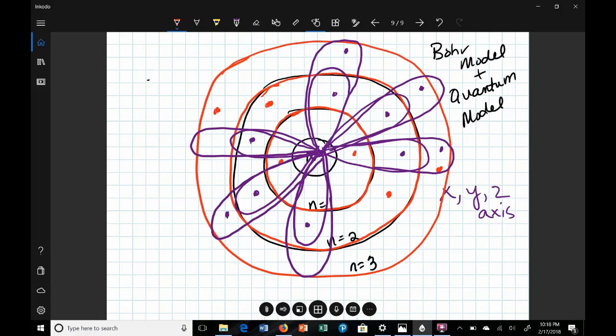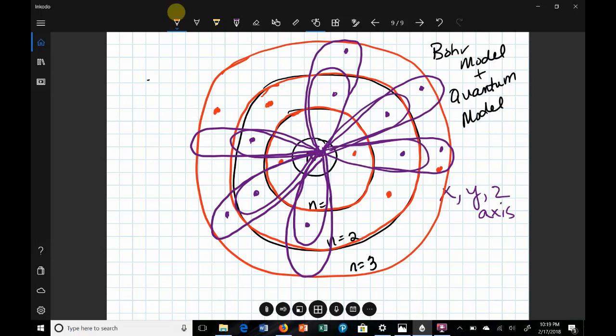All right, and remember, the orbitals are a probability. It's a place where we could probably find an electron in space at any given time. So hopefully this helps you to visualize. I can't draw the d orbitals. They get to be a little bit too complex if I put them all together.